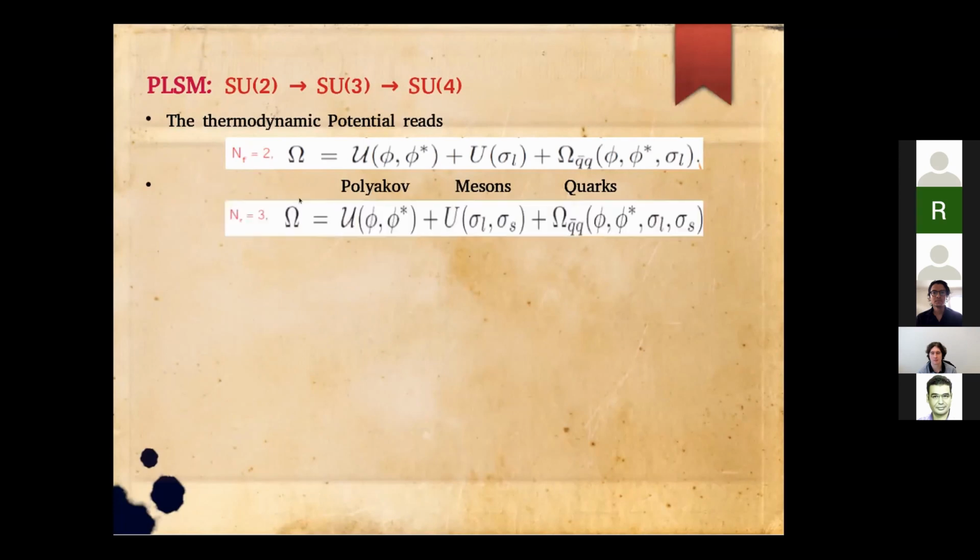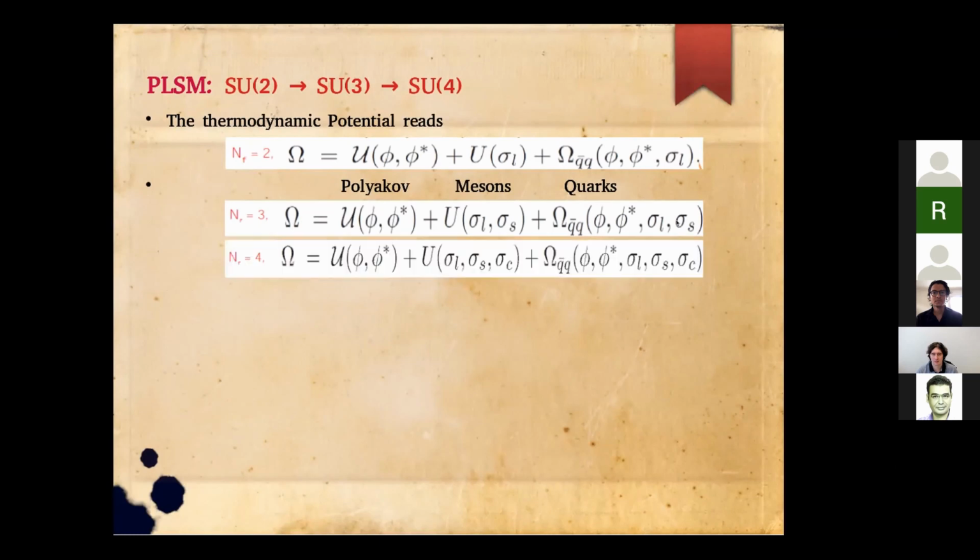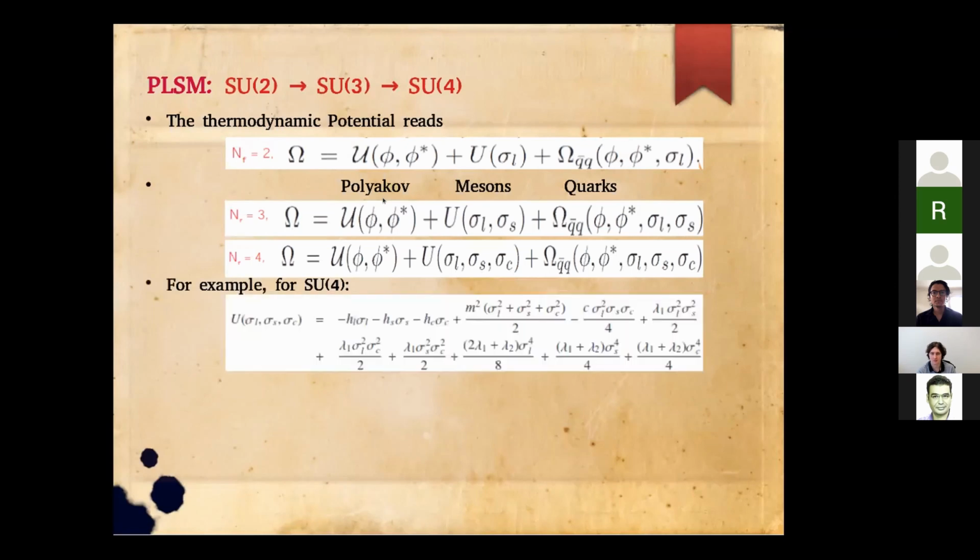For three flavors, we do the same, where the quark part also gains more degrees of freedom, more flavors like this. For four quarks, we modify the quark part and the mesonic part. In all these expressions, the Polyakov part remains unchanged.